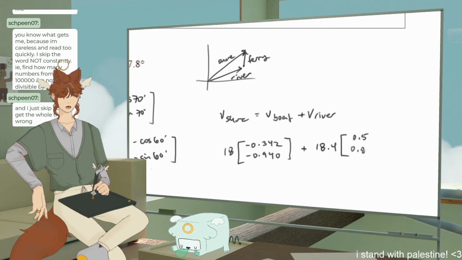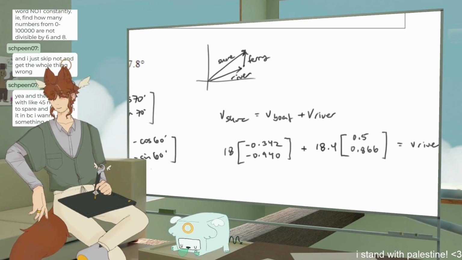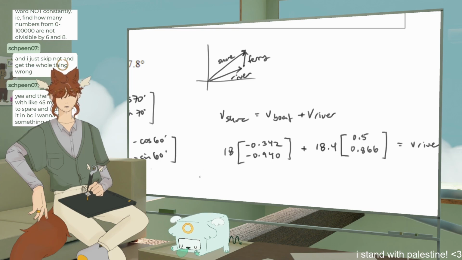Oh, my favorite number, 0.866. Okay, I'm really hoping that I get this right. That would be awesome. I finished like 45 minutes spare and I just turned in because I wanted to do something else. That's so real. I love that for you. It's honestly so swag.